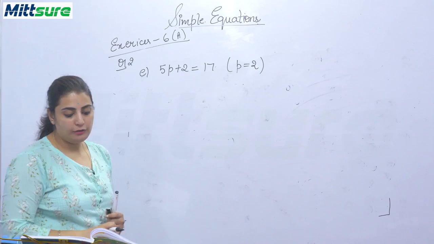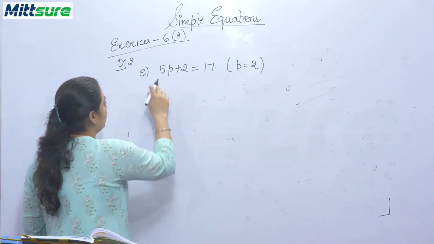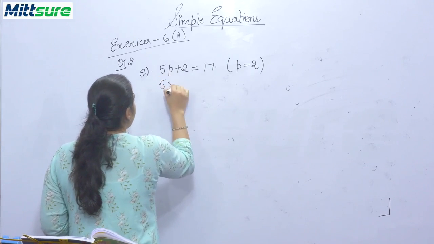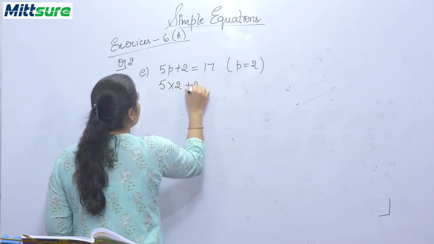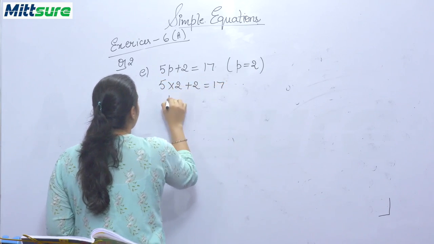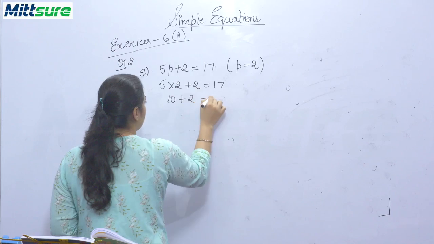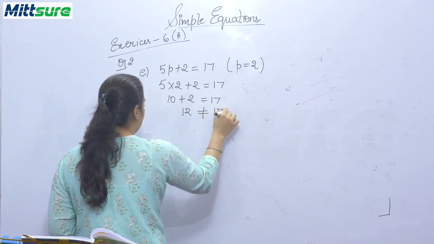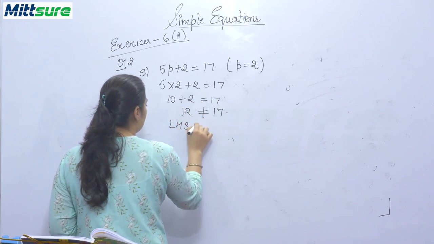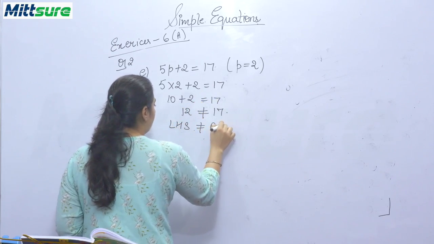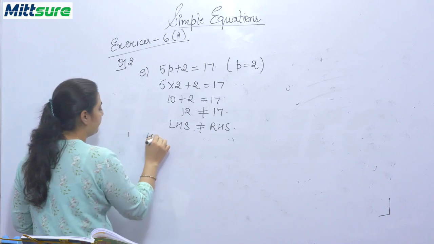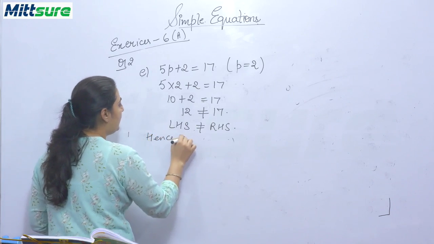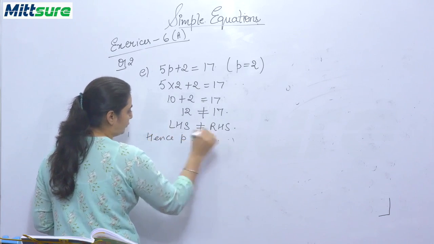Okay, the value of p is given to you as 2. 5 into 2 plus 2 equals 17. 10 plus 2 equals 17. 12 is not equal to 17. So LHS is not equal to RHS. Hence, p is not equal to 2.